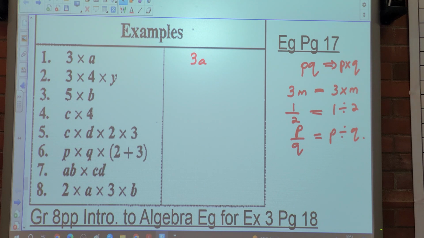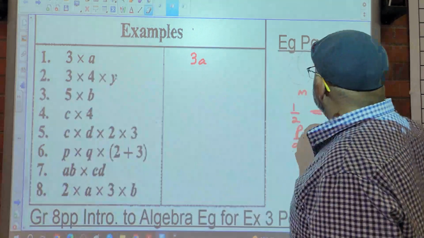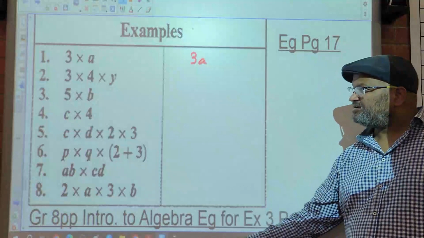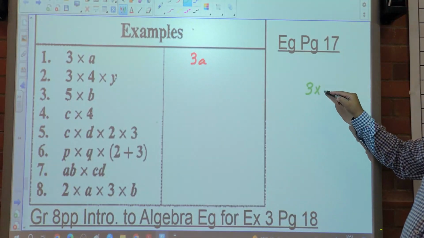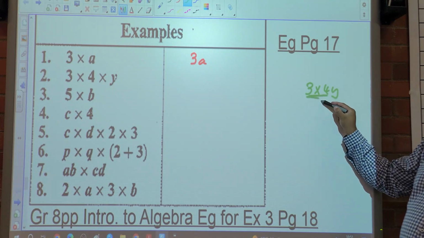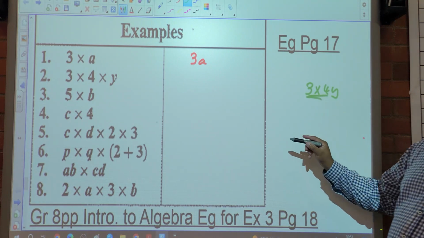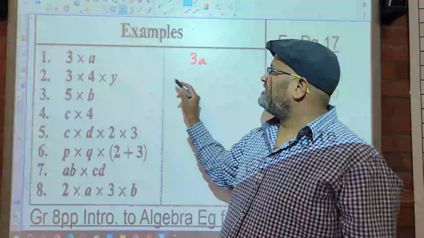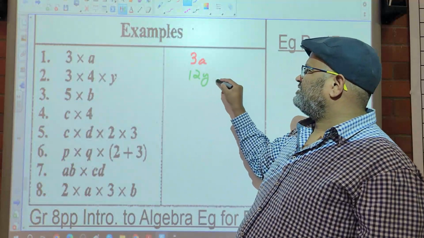You all agree with that? What's 3 times 4? 12. So if you're going to write 3 times 4 times y, then of course that can simplify further. So 3 times 4 times y is 12y.